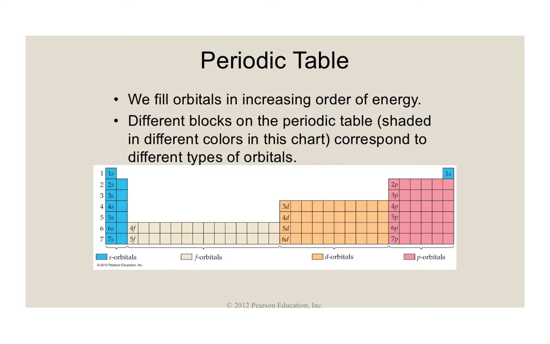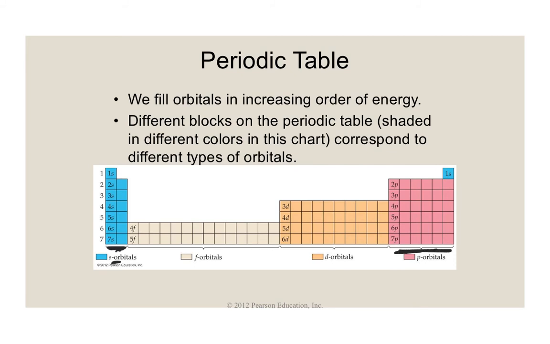All right. So this whole setup of the quantum model and electron configurations leads us directly to the structure of our modern periodic table. If you look at our modern periodic table, you'll notice that we have a block over here on the left that is 2 electrons wide, just like s orbitals hold 2 electrons.